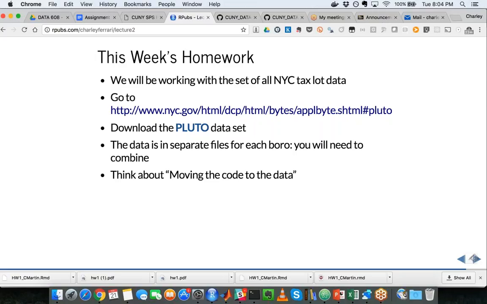But also, just starting out, the data is in separate files, so you have to collate that together. There are lots of ways of doing something like that, and really, as long as you get a data frame that has all five boroughs in one variable, in one data frame, that'll be fine. There are ways to do that purely within R, so feel free to do something like that.